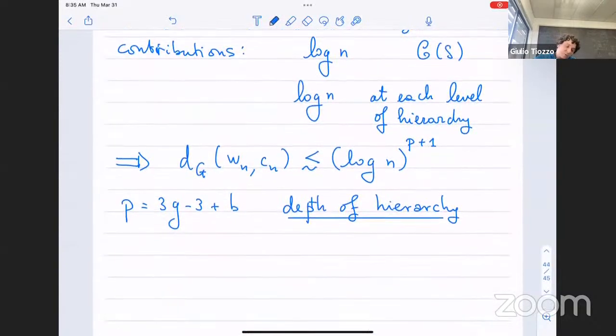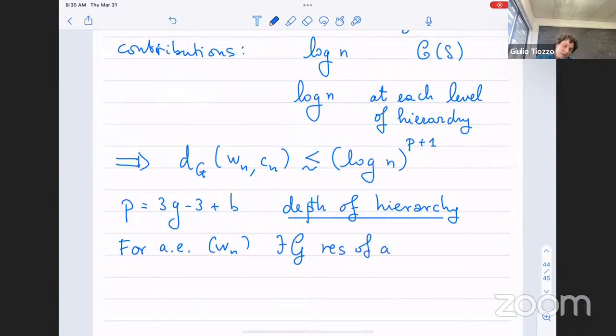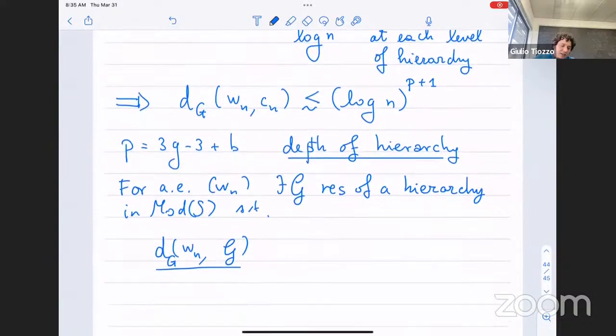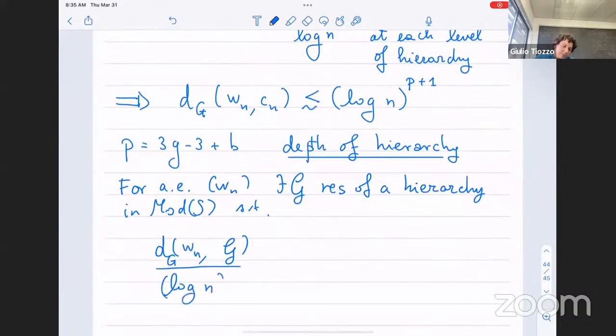For almost every sample path, there exists a resolution of a hierarchy G in the mapping class group such that the distance between the n-th step and G, let's say the Cayley graph distance, divided by log to the P plus 1, is bounded.